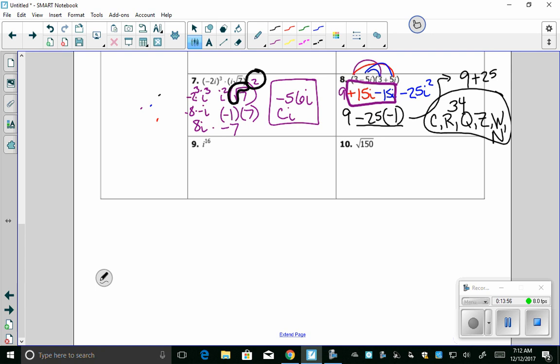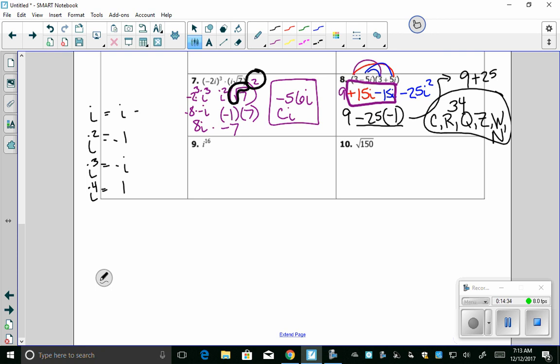Number 9. If you remember correctly, when you have i to a big number, I showed you the way that I always remember how to do these. So I'm just going to rewrite my i's out. It's i, 1, negative i, negative 1: positive, negative, negative, positive.